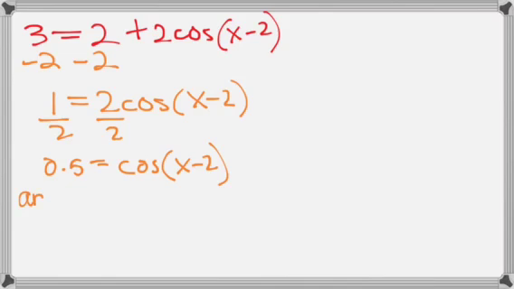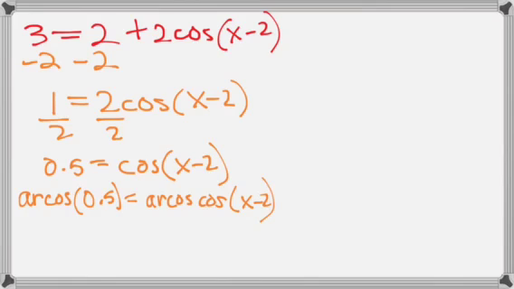So I have arc cosine 0.5 equals arc cosine of cosine x minus 2. And that huge mess on the right-hand side, what does that reduce to? X minus 2. Because they're inverse operations, that's why we did it.